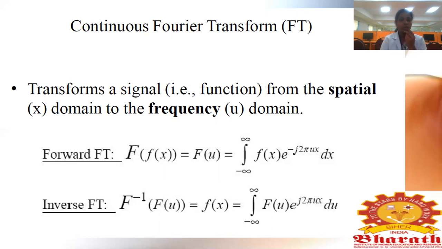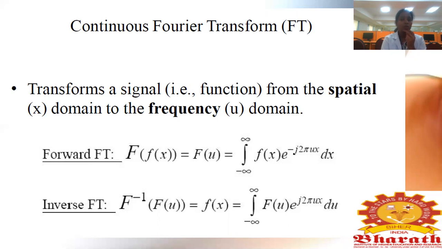To differentiate the domains, we make use of two different characters. To mention that it is a function in the spatial domain, we use x: f(x) means a function in the spatial domain. F(u) means the function in the frequency domain. So this continuous Fourier transform converts a signal from the spatial domain to the frequency domain.